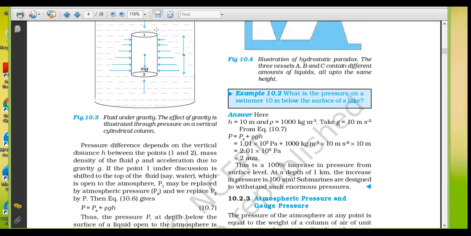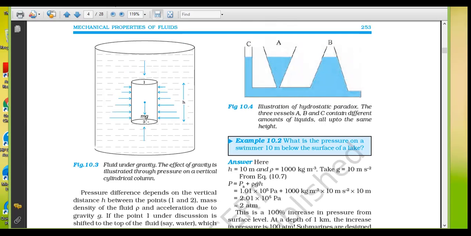We talked about the pressure difference between 1 and 2, right? So here the pressure is going to be higher compared to the pressure over here because of the rho g h, right? Pressure due to the liquid column. We talked about this, right? Same height.